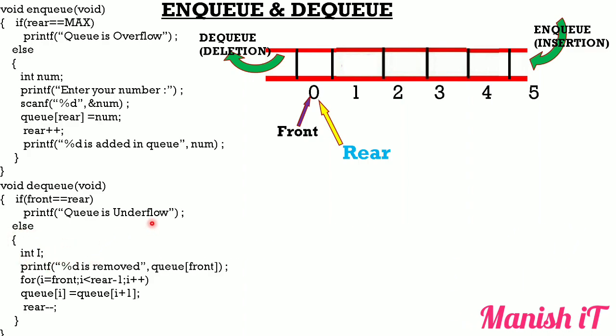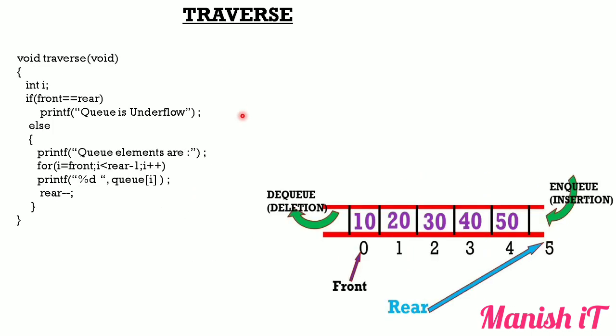So that is all about our insertion and deletion. Now we have to see how to traverse a queue. Suppose our queue has some elements: 10, 20, 30, 40, 50, and rear is pointing to the fifth position, and front is 0.